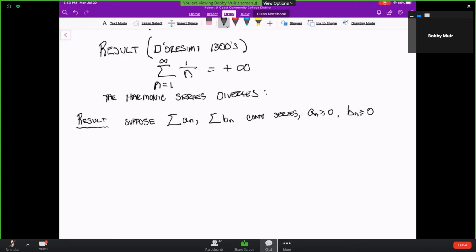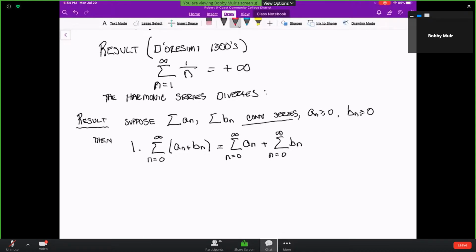As long as they converge, now I'm going to explicitly write a few of these out. One, the sum from n equaling 0 to infinity of (a_n plus b_n) is equal to the sum from 0 to infinity of a_n plus the sum from 0 to infinity of b_n. Now, this is important, converging series.